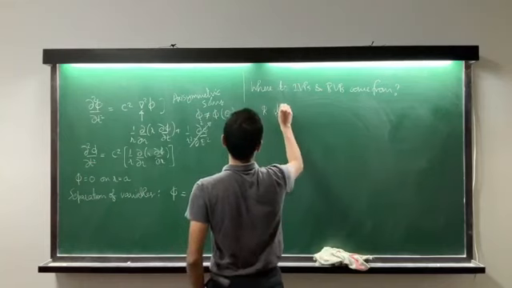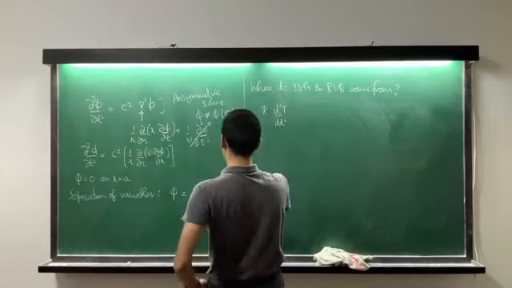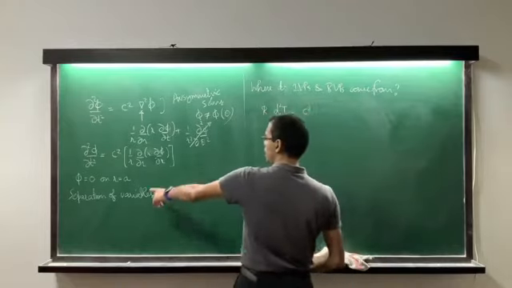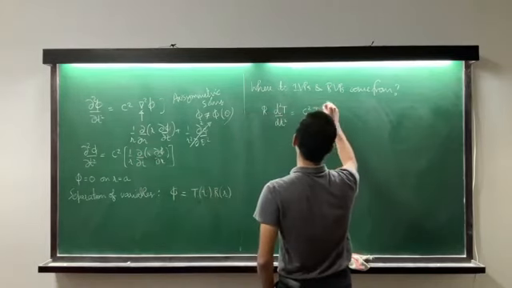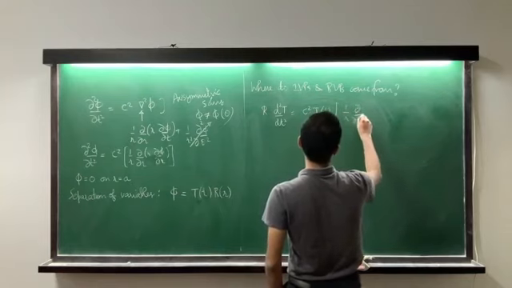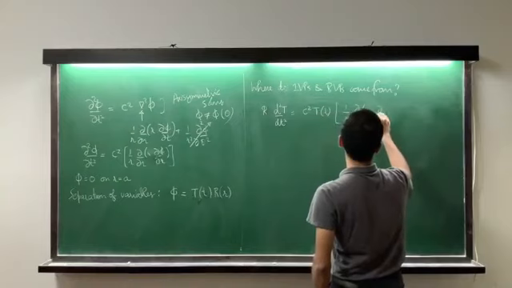So it will be d²/dt² of T, because T is a function of a single variable only, and that is c². On the right hand side, capital T will come out because all are spatial derivatives. So you get T(t) times 1/r ∂/∂r of r times ∂/∂r of capital R.